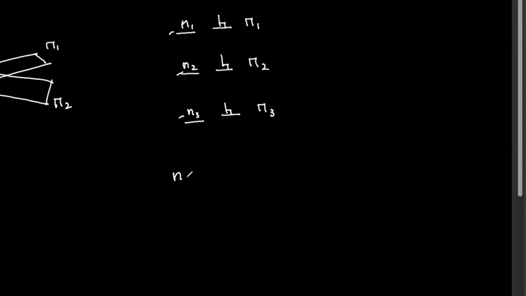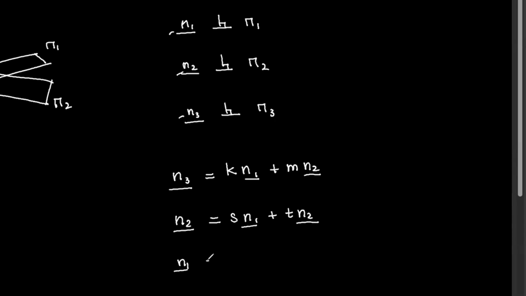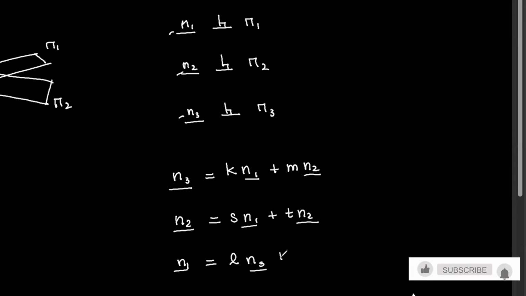If you can show that any one of these vectors can be derived from a simple equation from the other two vectors. Okay, any other two vectors, k n1 plus m n2. Okay, if you can write like this, or n2 is equal to s n1 plus t n3, or n1 is equal to l n2 plus j n3.